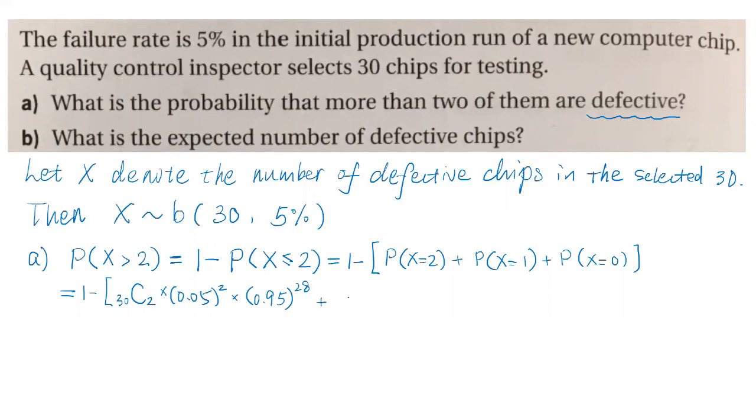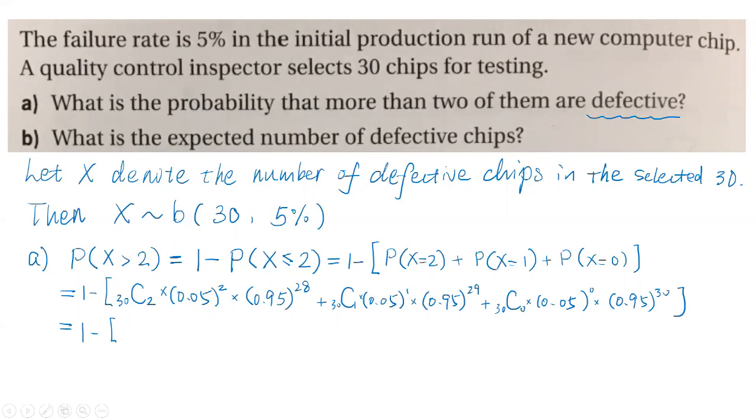Okay, the second one is C(30,1) times 0.05 to the power 1 times 0.95 to the power 29, and C(30,0) times 0.05 to the power 0 and 0.95 to the power 30, right? Okay. And we need to calculate these three probabilities using a calculator.